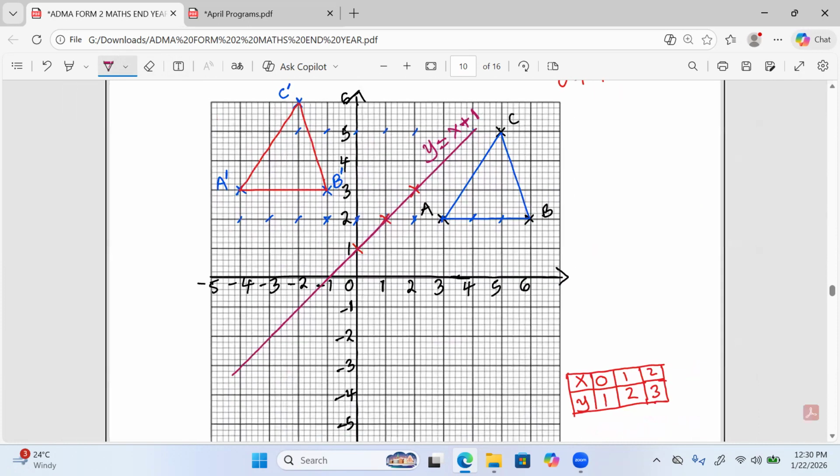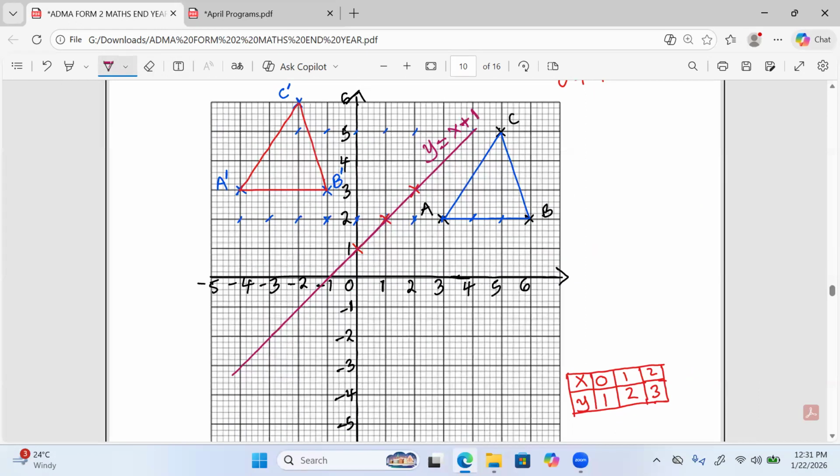To perform a reflection, we are supposed to connect a coordinate perpendicularly to the mirror line. Then we move an equal distance to the opposite side. So allow me to connect now.